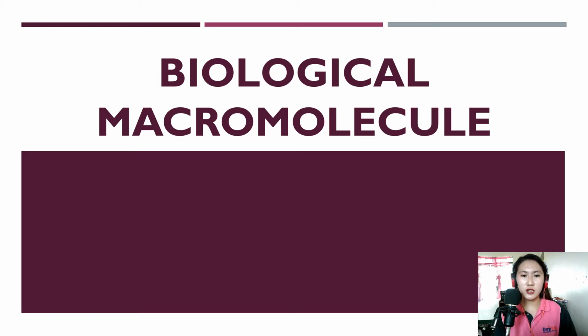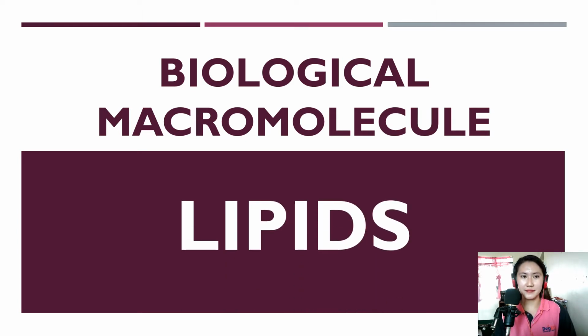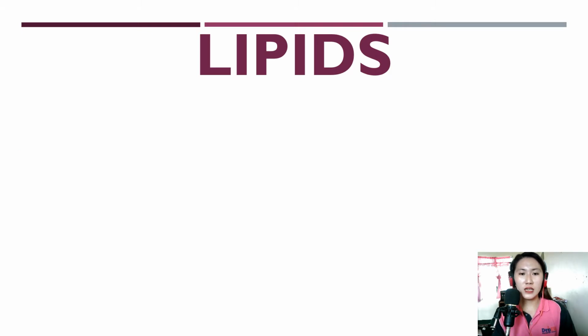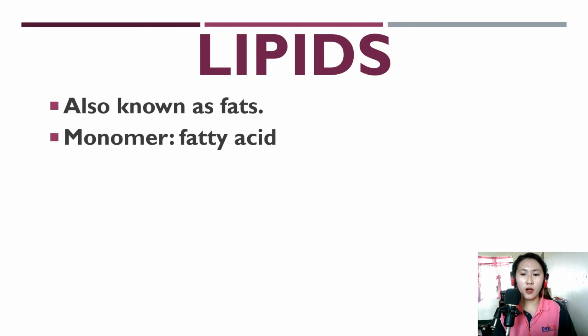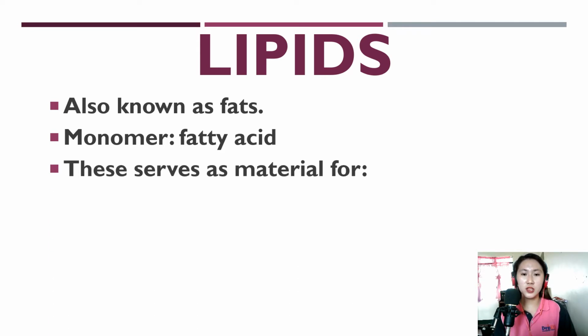So the next biological macromolecule that we will be discussing for this video is the lipids. Lipids, also known as fats, have a monomer of fatty acid. This serves as a material for the cell membrane. Lipids are the key component of the cell membrane.